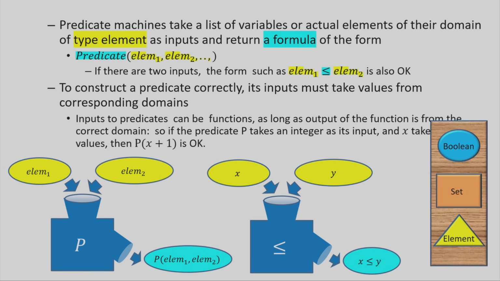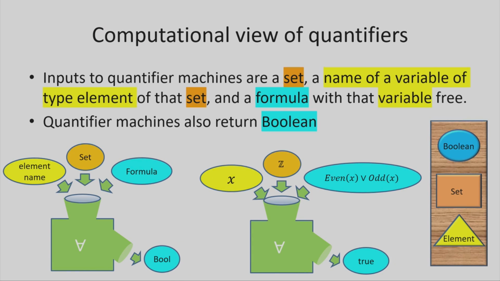For example, it gets x and y and outputs x less than or equal to y. But in any case, it still outputs something of type Boolean. Okay, so hopefully this explained how you build predicates and how you evaluate predicates.